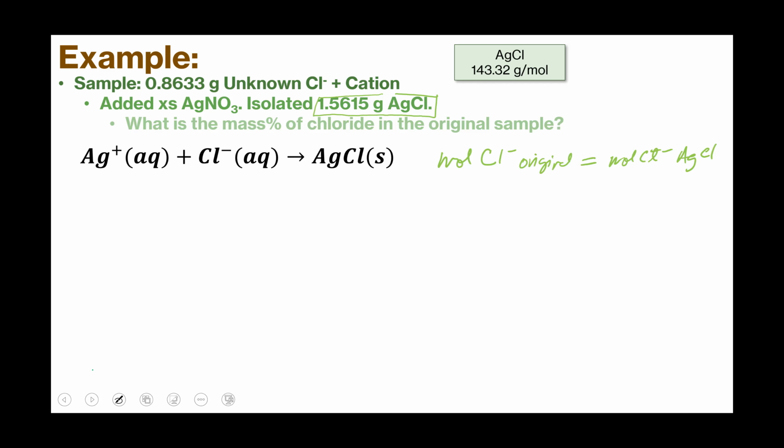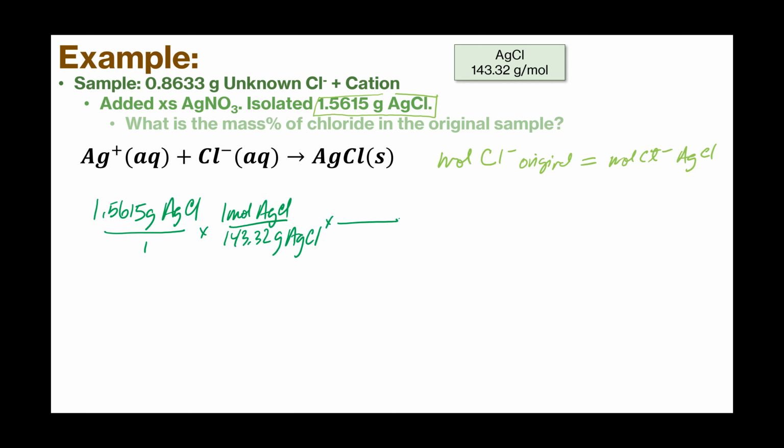So the first part of our dimensional analysis is to figure out how many moles of chloride are in 1.5615 grams of silver chloride. I've given us the molar mass of silver chloride so we can get there: 143.32 grams of silver chloride.